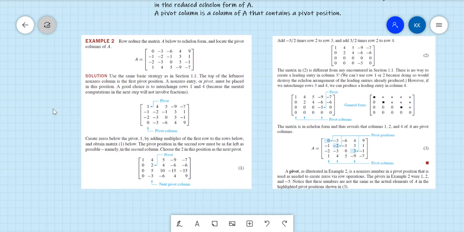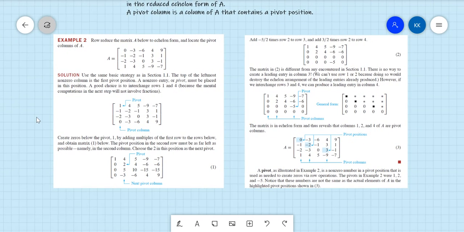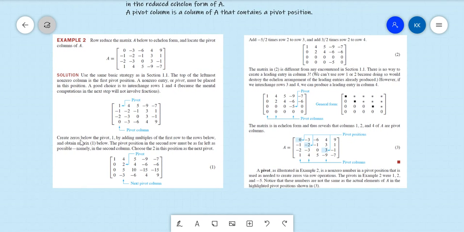You can do this in any way, but we're going to look at the way they did it. So they interchange these two rows. This is a valid operation. Now we need to create zeros below the pivot 1 by adding multiples of the first row to the rows below and obtain matrix 1 below. So let's see. They added this row.